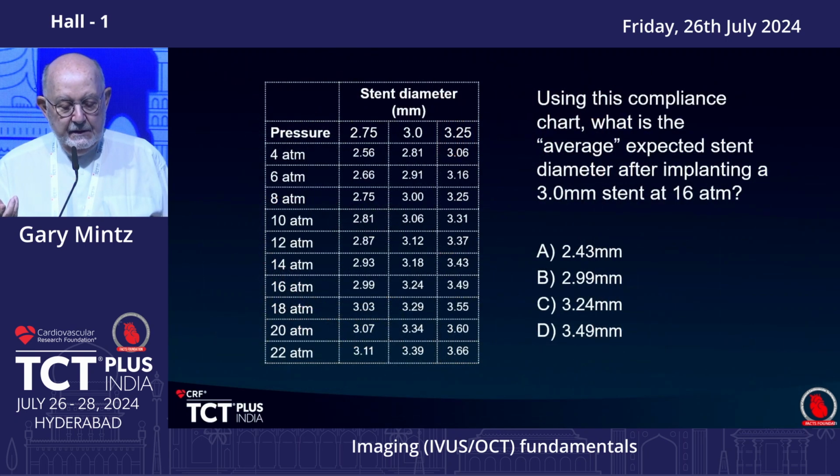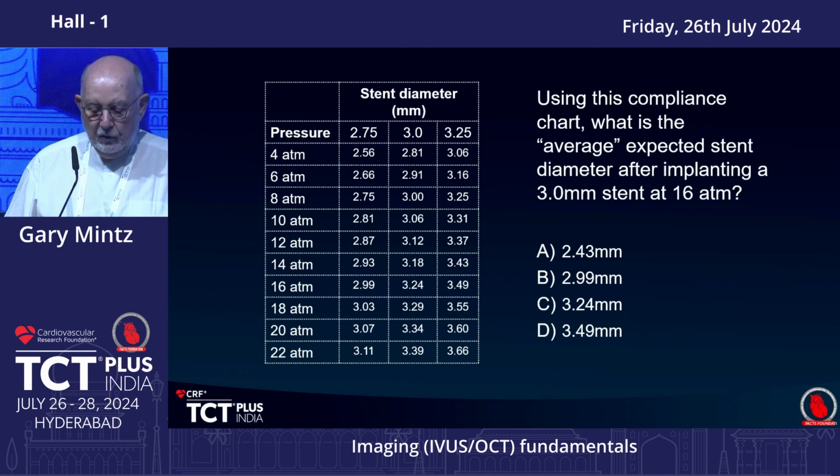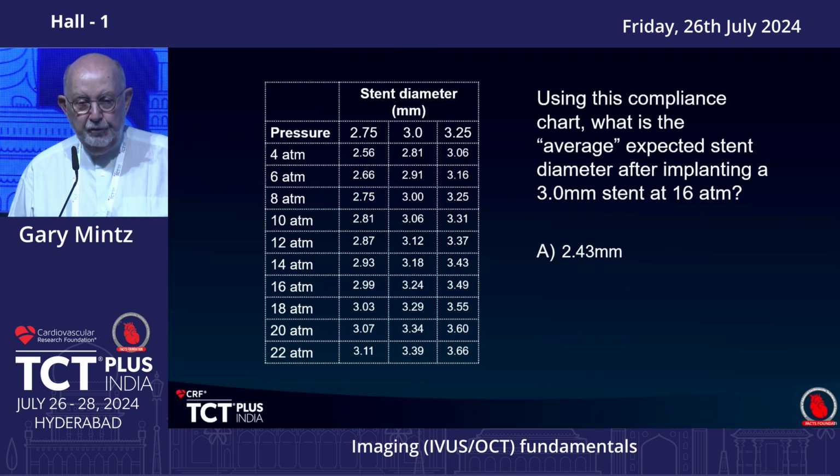We get stents in a box that has a compliance chart. And I often show this and say, okay, assume this is a compliance chart. Assume that you are implanting a 3 millimeter stent at 16 atmospheres. What is the minimal stent area that you can expect? Most people say, oh, it's 3, it's 3.24, but the truth is it's only 2.4.